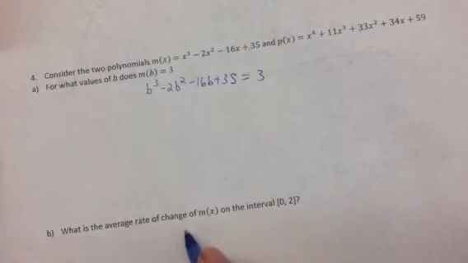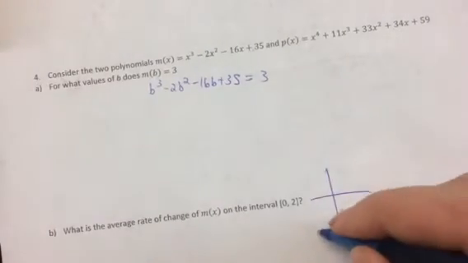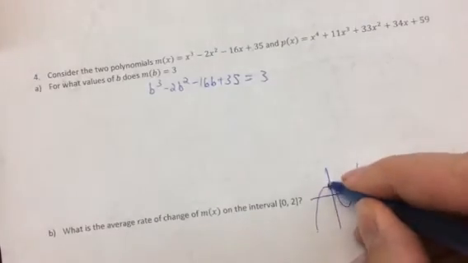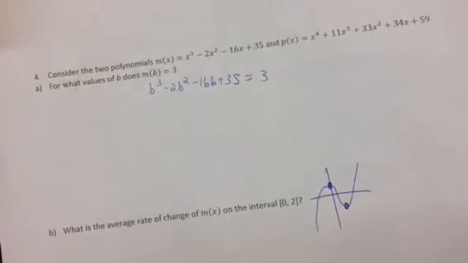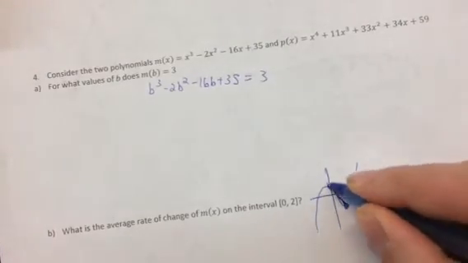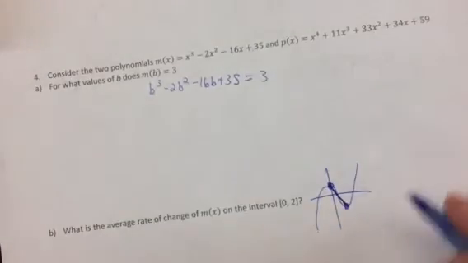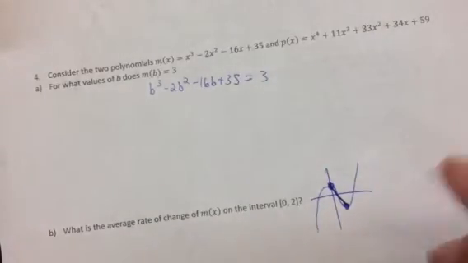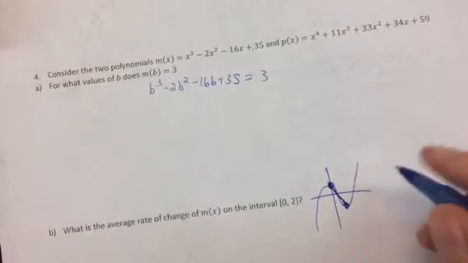What is the average rate of change of m of x on the interval from 0 to 2? We've got this polynomial, and I don't know exactly what it looks like. We want to know the average rate of change between x equals 0 and x equals 2. That's the slope of the secant line, the slope of the linear function connecting those two values.